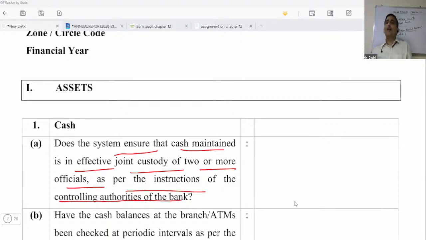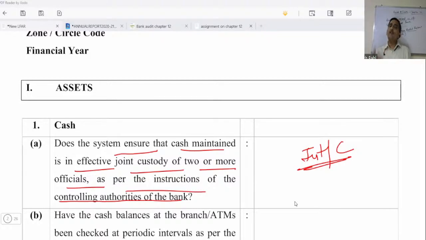Now, this is an internal control question. It pertains to internal control of cash because cash is always maintained in the joint custody of two or more officials in accordance with the guidelines laid down by head office of the bank. So the auditor has to verify whether practically it is being done so.